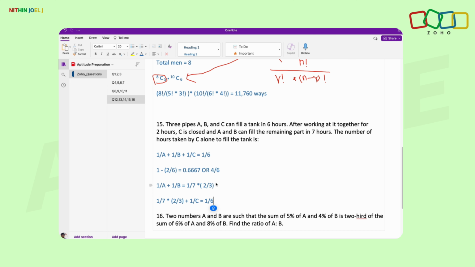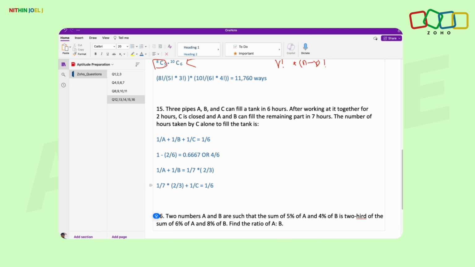So if we solve this, let's try keeping 1 by C on the left hand side. 1 by C is equal to 1 by 6 minus 2 by 21. Let's make this into brackets, 1 by 6 minus 2 by 21 over here.